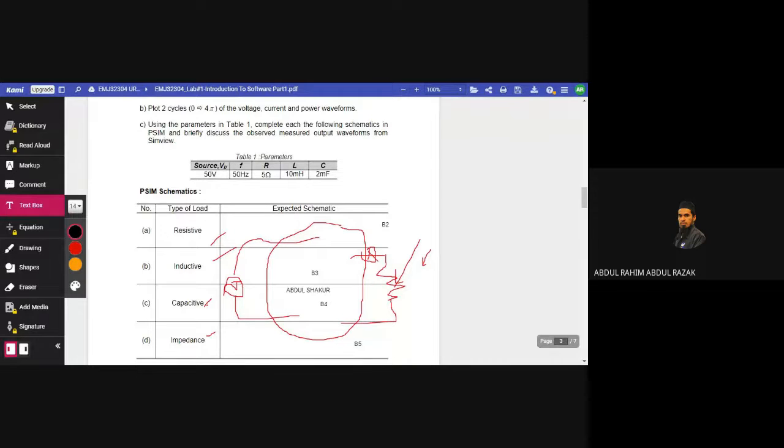B2: Anis, Khairunisa, Muhammad, Anas. Everybody, the person that presents today, next lab maybe another person will represent the group.